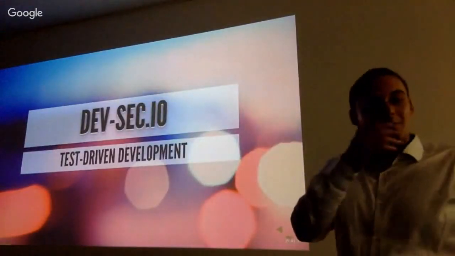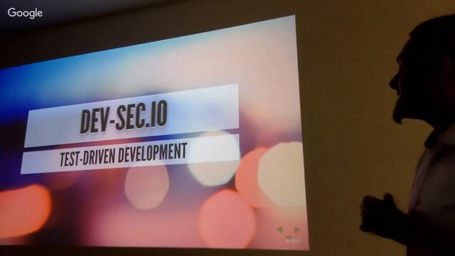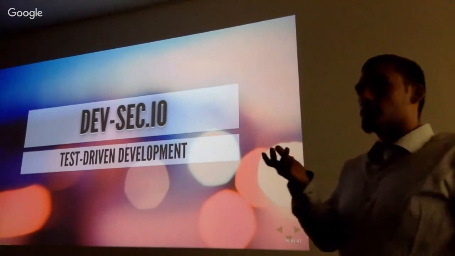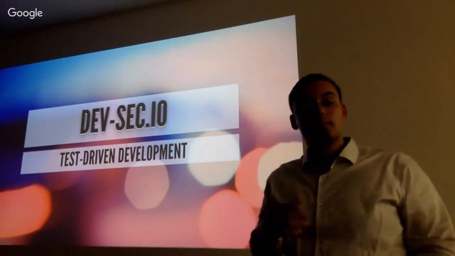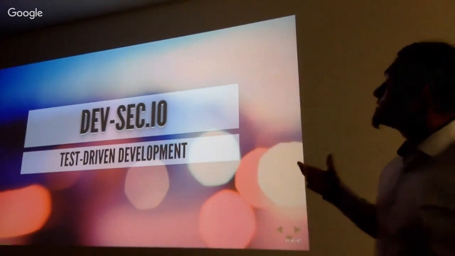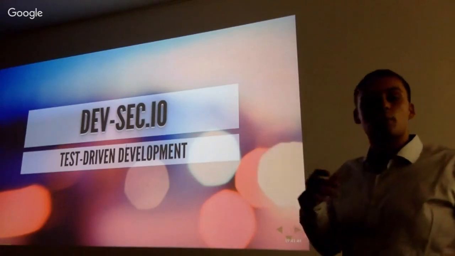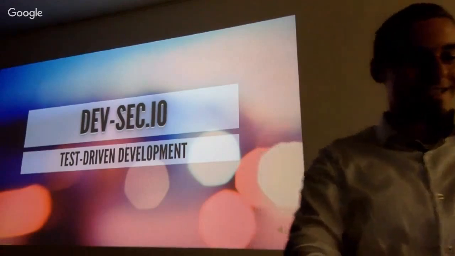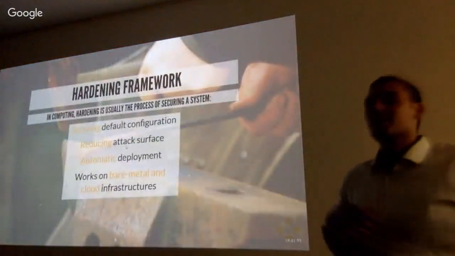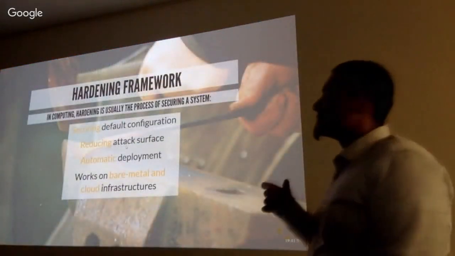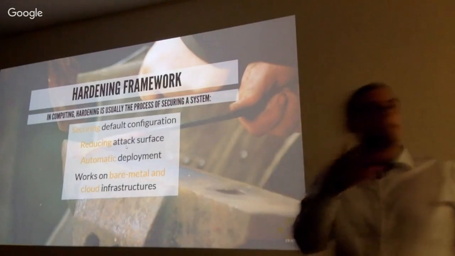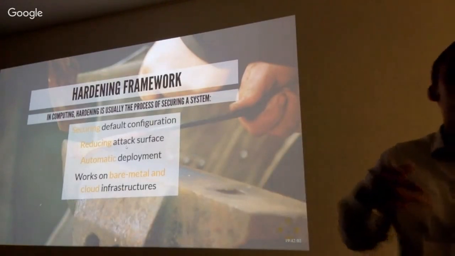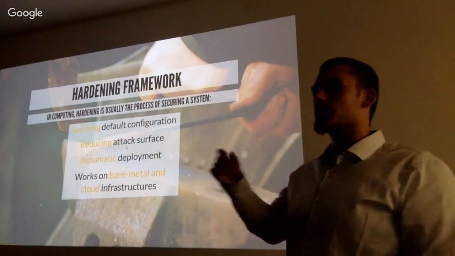Thanks for this little talk about DevSec. I'm one of the co-founders of DevSec.io, and I just want to present you the test-driven development approach within this project. So you mentioned it already, Chris, thanks. The hardening framework provides you Chef cookbooks or Ansible playbooks or Puppet manifests to secure your infrastructure, your servers.